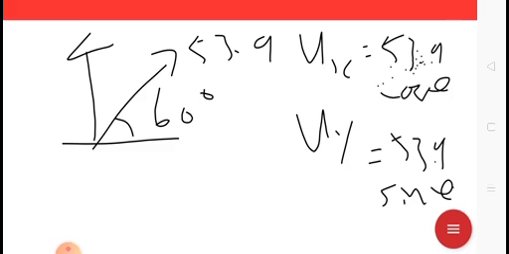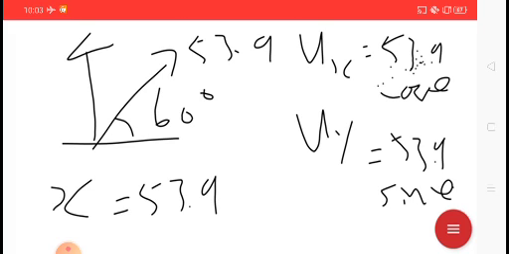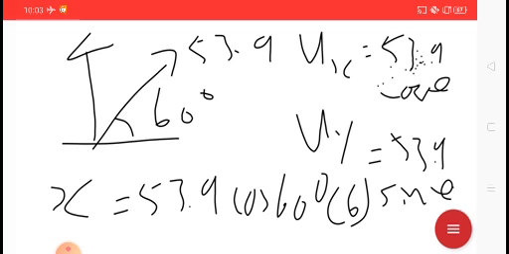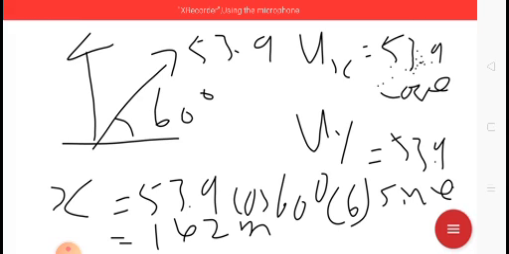The question asks you to find the horizontal distance traveled by the ball after 6 seconds, so you need to use ux. So x equals 53.9 cos 60 times 6. This is very simple. When you calculate, it should be equal to 162 meters, the horizontal distance traveled after 6 seconds.